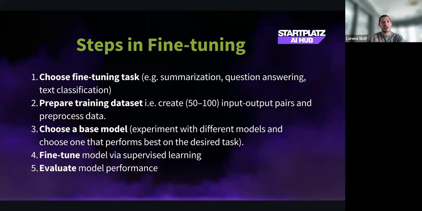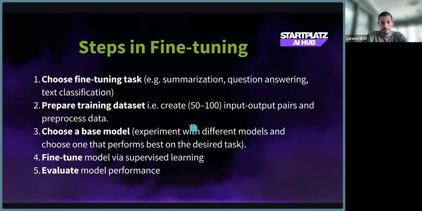Usually it's higher; the more examples you have, the more you're going to affect the ChatGPT personality and tweak it to your liking. Then we're going to choose a base model, which is ChatGPT 3.5. Then we're going to fine-tune it and evaluate the model performance.